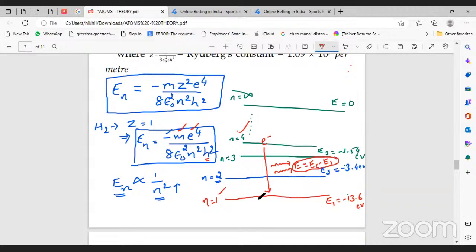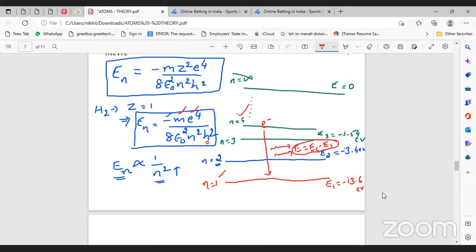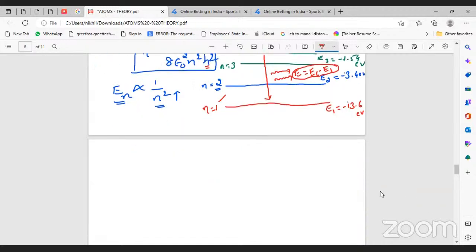In general, if the electron is coming from a higher orbit n2 to a lower orbit n1, it is going to emit energy.